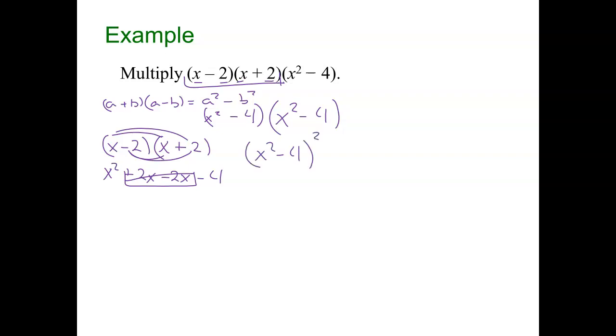So then I could use my binomial squared shortcut, which was a squared plus 2ab plus b squared. What's my value for a? X squared. So x squared is my value for a. What's my value for b? Negative 4.